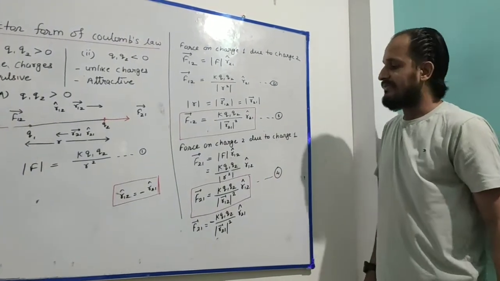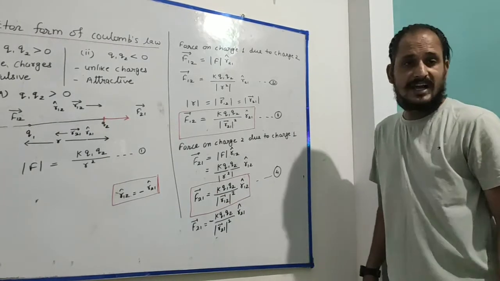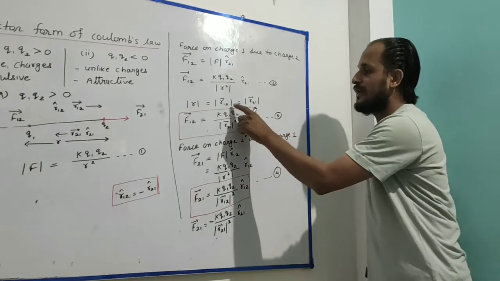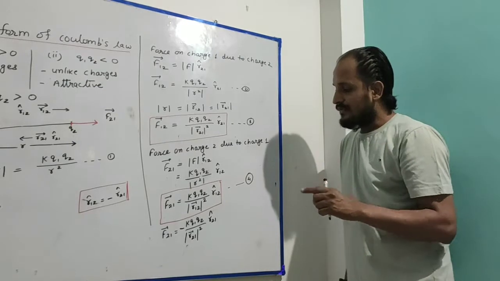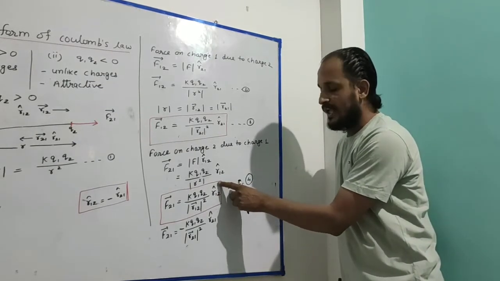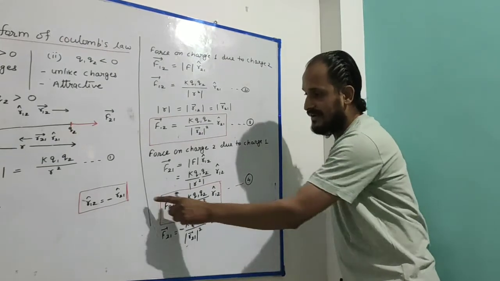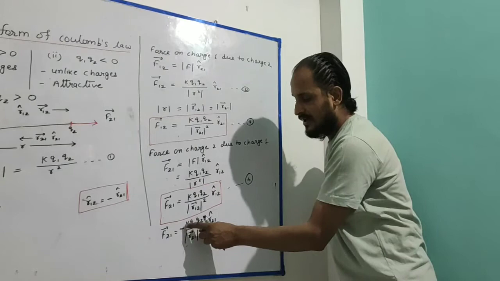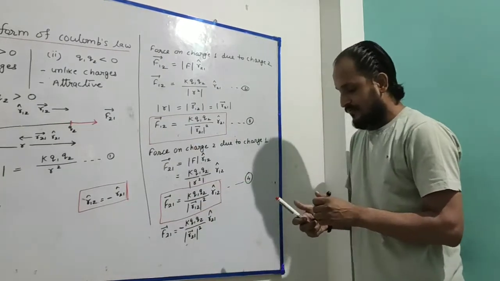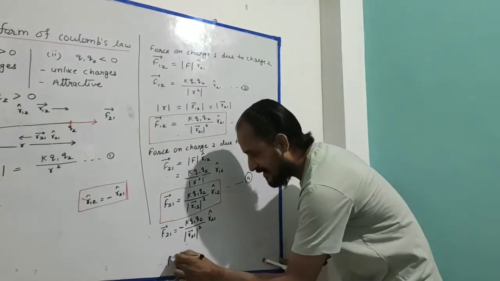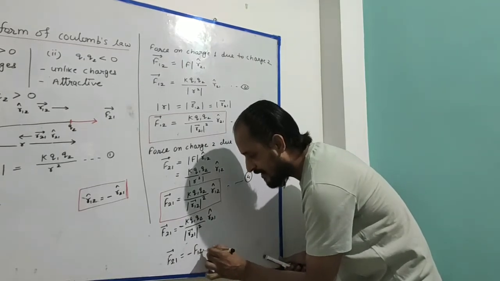What have we changed? Instead of R12 magnitude, we have written R21 magnitude because the magnitudes of both the displacement vectors are the same. Second, instead of R12 cap, we have written minus R21 cap. Now this complete value is equal to F12 vector. So finally we can write that F21 vector is equal to minus of F12 vector.